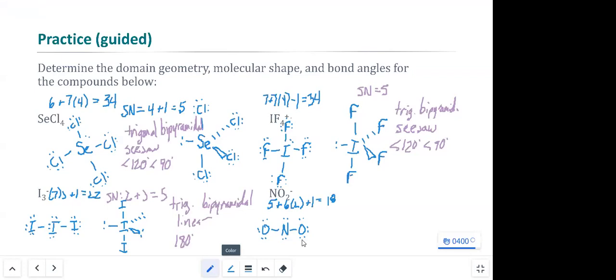And so if you recall, what we do when we have too many electrons is we have to take some away. And so we're going to need to make an extra bond here.